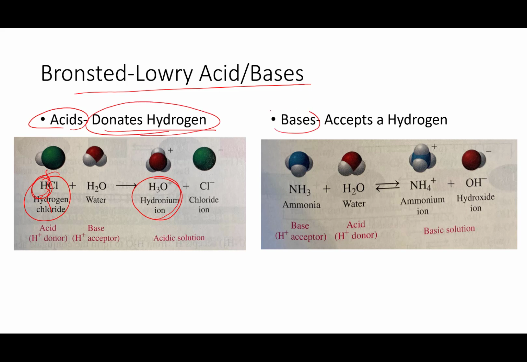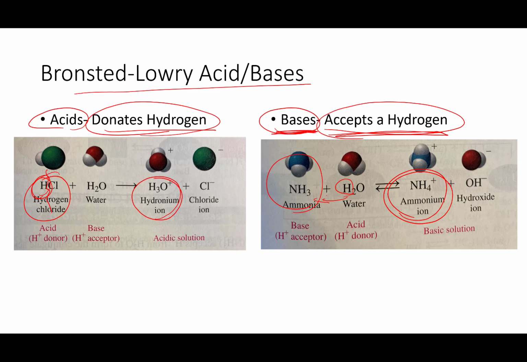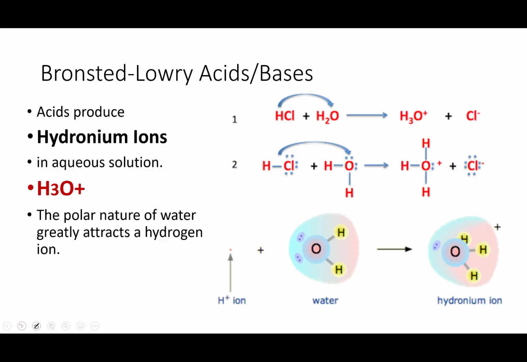If you have a base like ammonia, it is something that is going to accept a hydrogen ion. So it takes a hydrogen ion from the water, accepts it, and makes ammonium ions. So if something accepts a hydrogen, it's a base. If it donates a hydrogen, it's an acid.